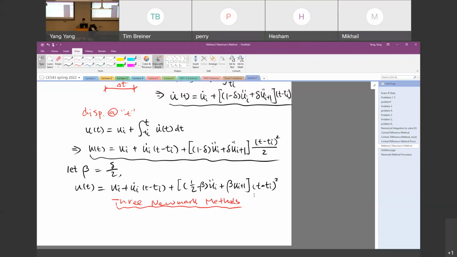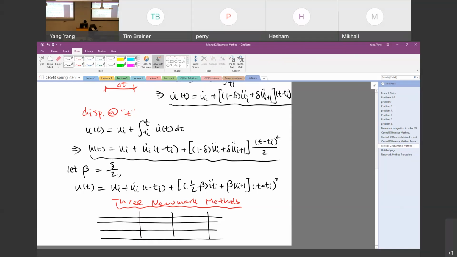Sometimes you are responsible for inputting the value for beta. So we have beta and delta.